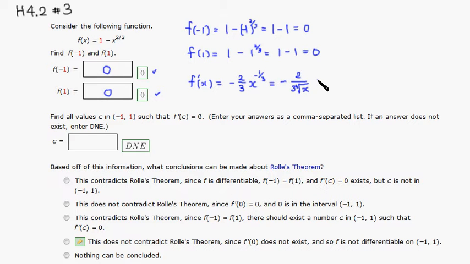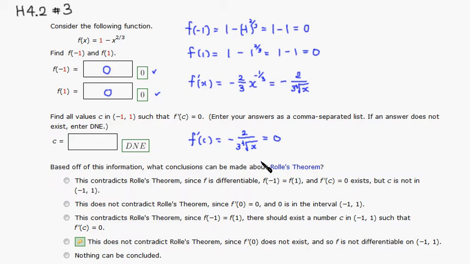And we want this to be 0. So we plug in c, looking for f prime of c equal to 0. This is -2 over 3 times the cube root of x, and we want it to be 0.